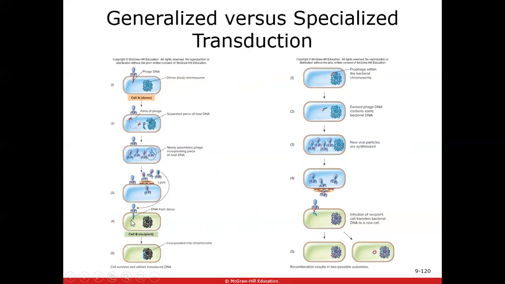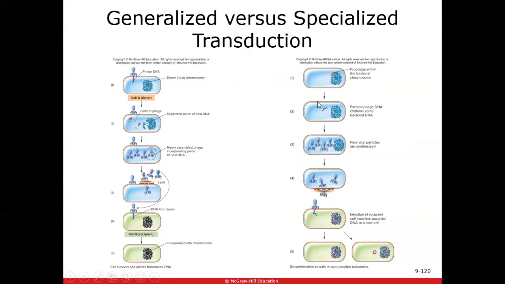When it infects other cells, when it injects, it injects not only its own DNA, but a portion of this bacterial DNA into the new bacteria. And so now this bacteria has a portion of a different bacteria's DNA.